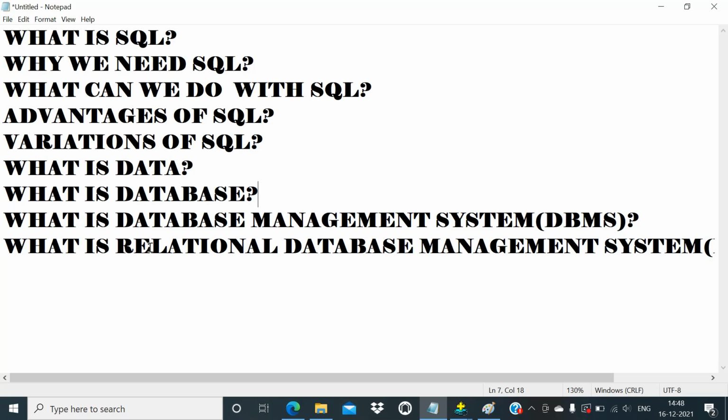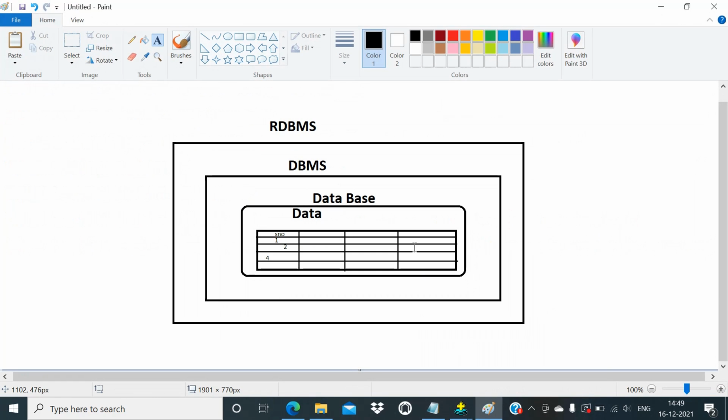For better understanding, we will go through one diagram. Here you can see, data is stored in form of tables, with rows and columns.